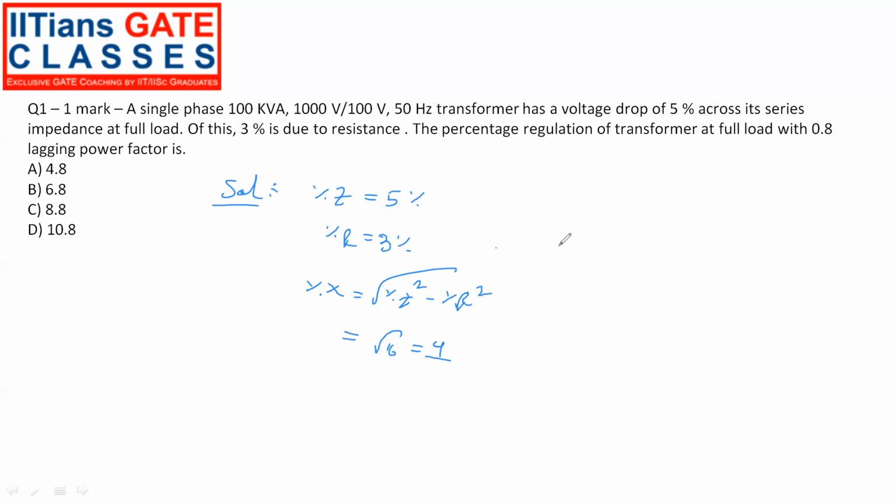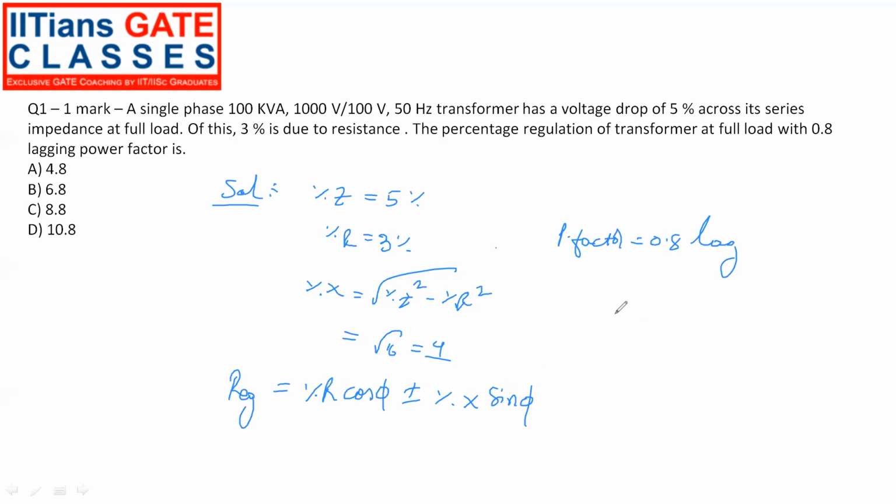Given that the power factor is 0.8 lagging, we know that the formula for regulation is equal to percentage resistance cos phi plus or minus percentage reactance sin phi.